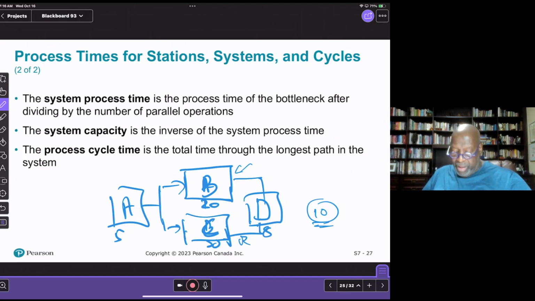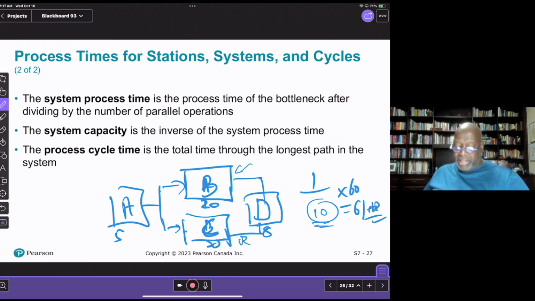We have 2 of them, 20 divided by 2 gives us 10, so this system would produce a product every 10 minutes, which is 6 per hour. System capacity is the inverse of the process time: 1 over 10 multiplied by 60 gives me 6 per hour.